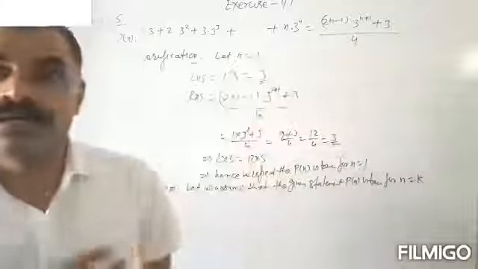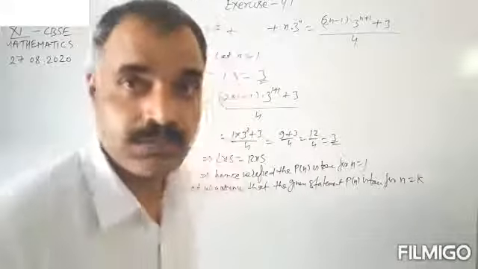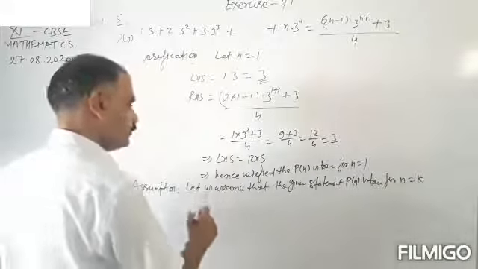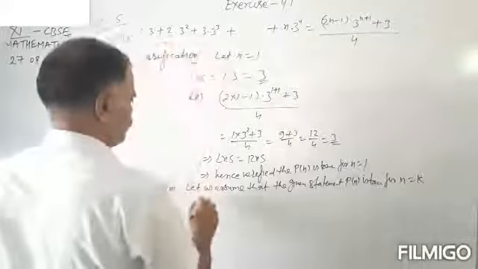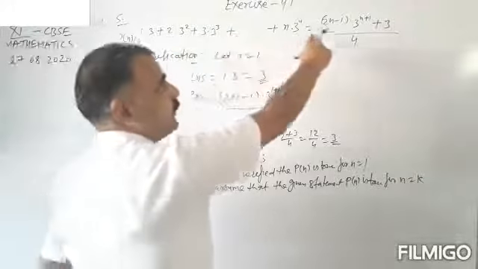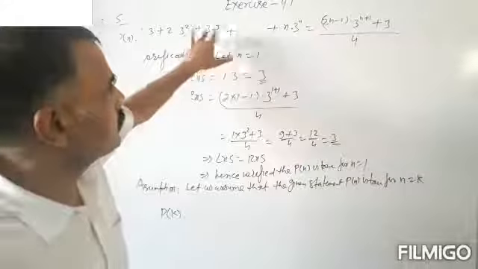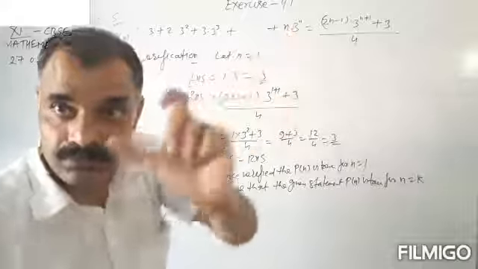Let us assume that the given statement is true for n equals to k. So n equals to k means Pk is, write down the statement up to n equals to k.